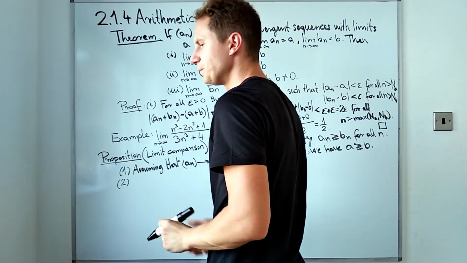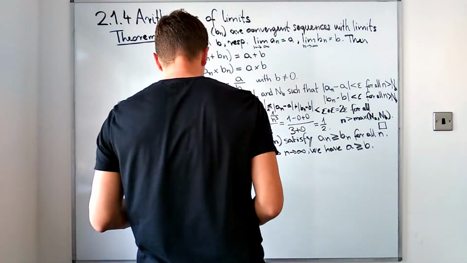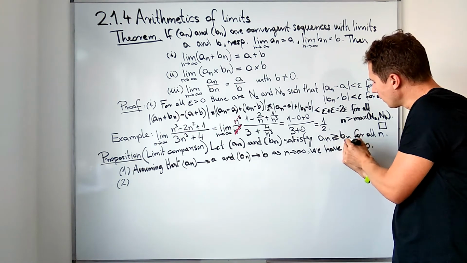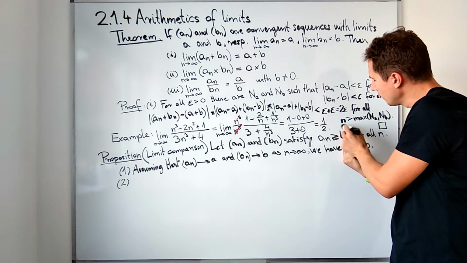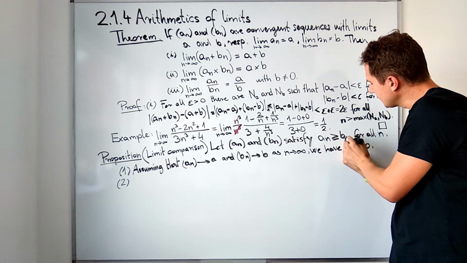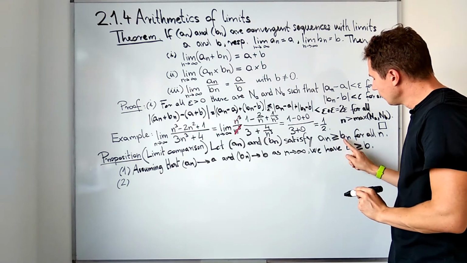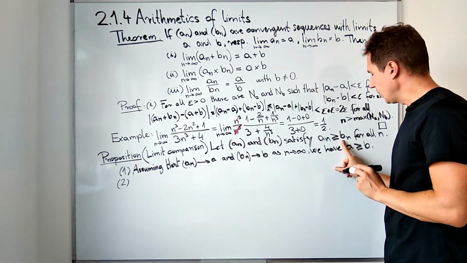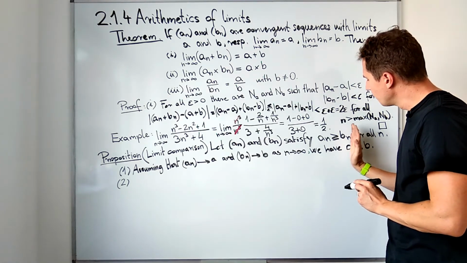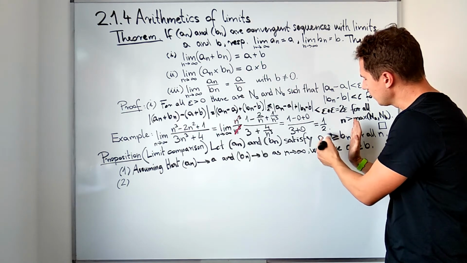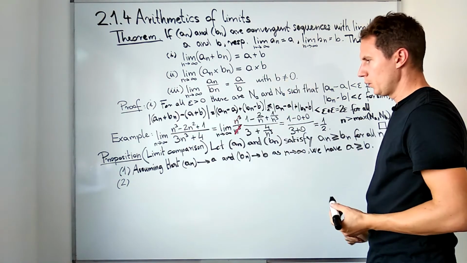part of this statement is that if we now assume that the smaller sequence, the one with less than or equal terms, diverges to plus infinity, that will push the sequence with the greater terms also to plus infinity.